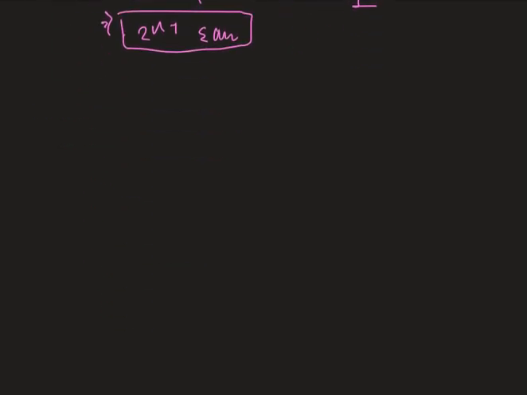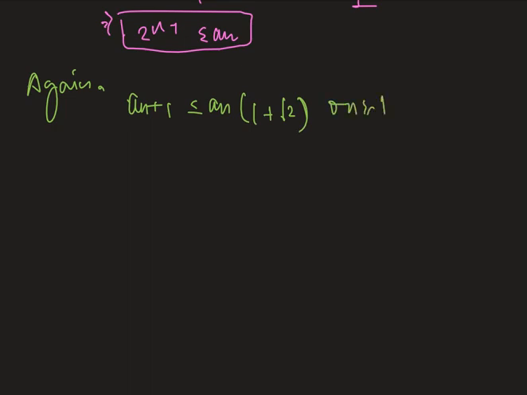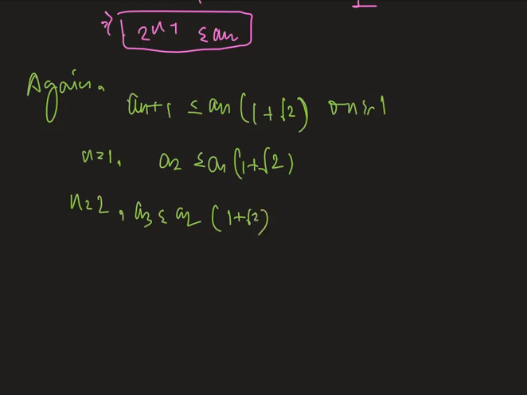Again, if we use a_{n+1} is less than or equal to a_n multiplied by 1 plus root over 2 for all n greater than or equal to 1, then taking n equal to 1 we get a2 is less than or equal to a1 multiplied by 1 plus root over 2, and for n equal to 2 we get a3 is less than or equal to a2 multiplied by 1 plus root over 2.